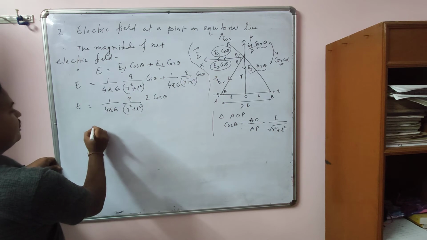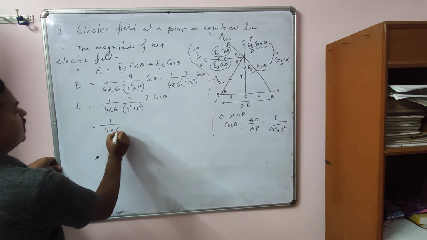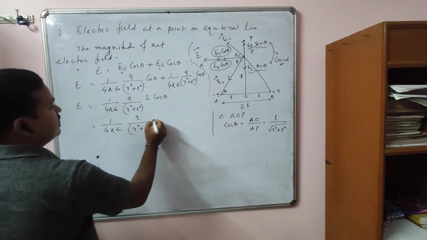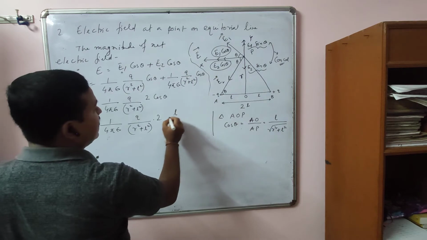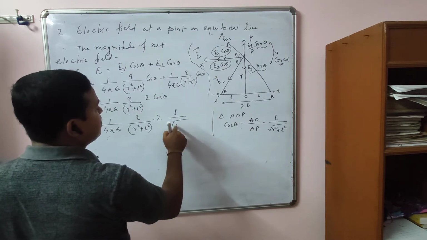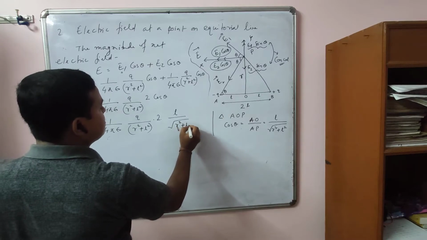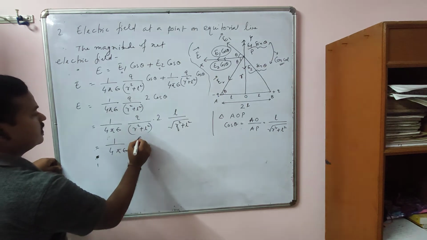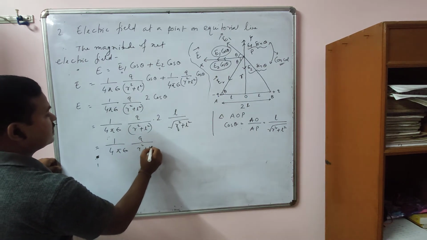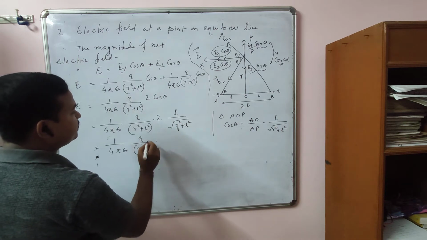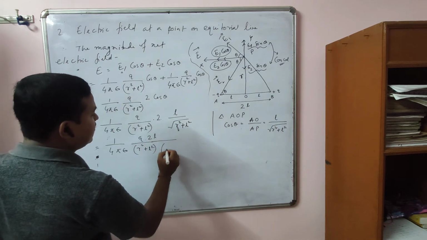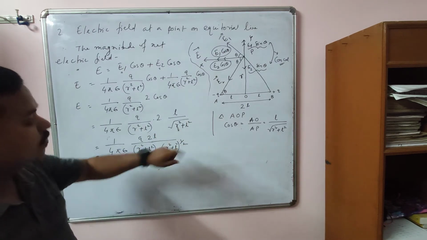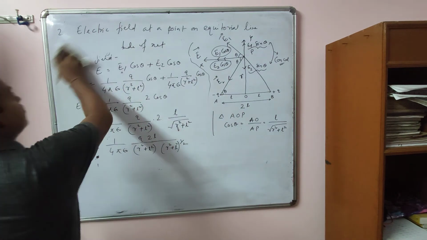So cos theta is l by root over r square plus l square. Putting it in, E is 1 by 4 pi epsilon, q by r square plus l square, into 2l by root over r square plus l square. We can write the root as power half, so it is 2l by r square plus l square to the power half. Now just calculate.